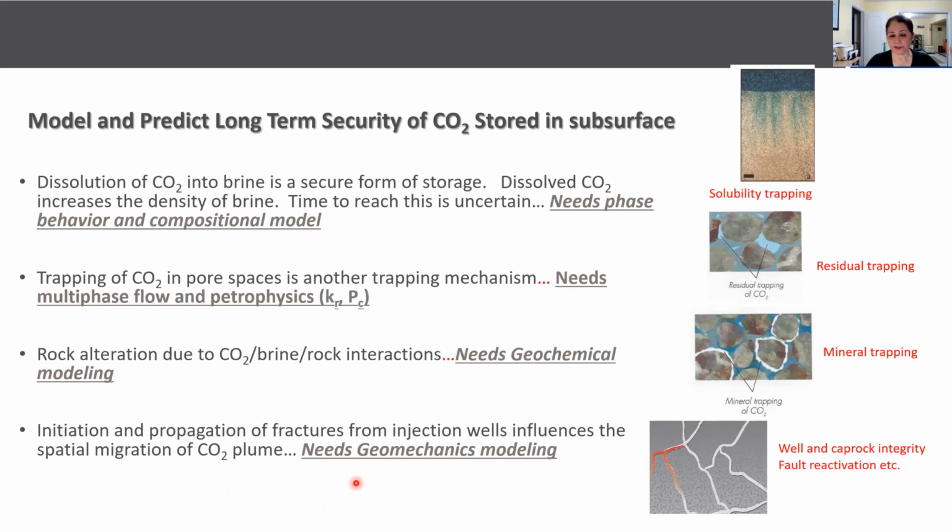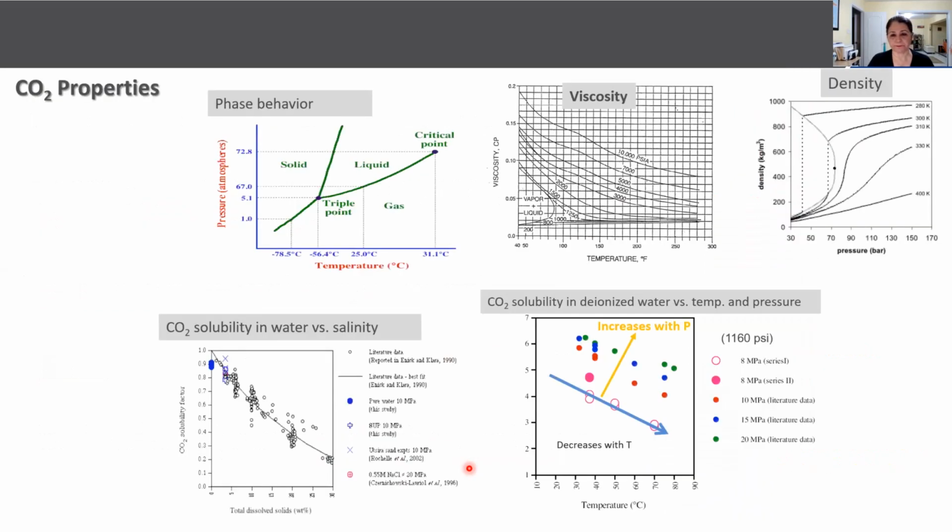Like any other project that requires injection in the subsurface, you need to be aware of the geomechanics due to the injection of very large volume of the CO2 and possibly forming hydrates, ice, that may cause some fracture initiation. So you need to also look at geomechanical modeling in your CO2 storage projects.